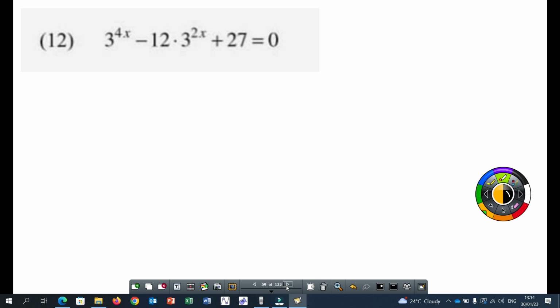Again, please be aware that we have three terms on the left-hand side. This is our first term, that's our second term, that's our third term. Because we have a trinomial there in exponential form, it means we can create a quadratic equation. And then we have to solve the quadratic equation.